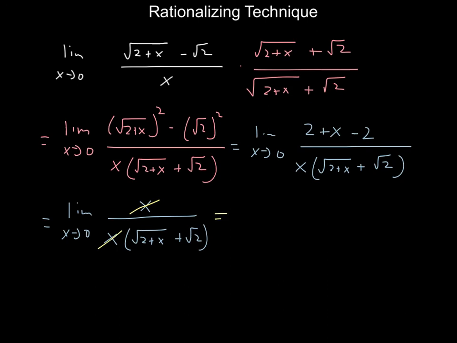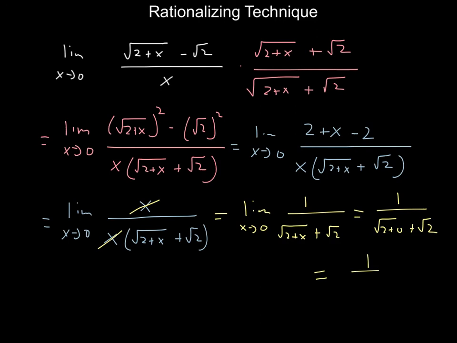And so this is now going to equal the limit as x approaches 0 of 1 over the square root of 2 plus x plus the square root of 2, which equals, in that situation, when you plug 0 in, 1 over the square root of 2 plus 0 plus the square root of 2, or that's going to equal 1 over 2 square root of 2. So that would be the limit that I would have for that particular function.